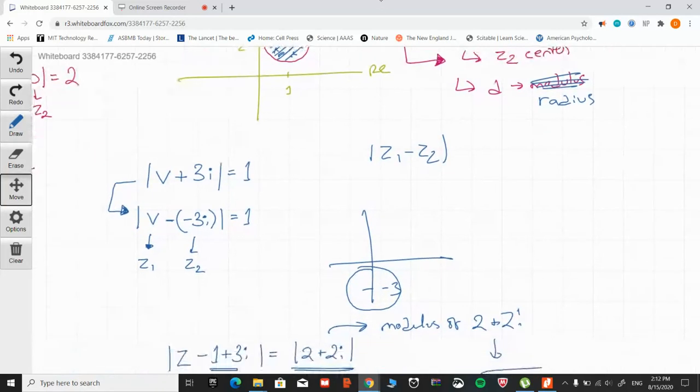Likewise, in this case, if it was less than equals to, all I would do is draw the circle just fine. But instead of saying v is on the circle, which was the case if it was equals to, for less than equals to you would have to shade lightly inside the circle, because v is inside my one unit boundary, because it's closer to minus 3i, which is my center.